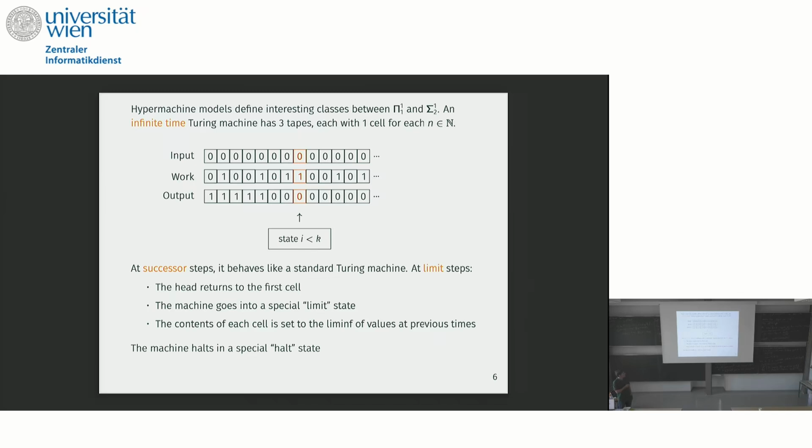Well, in this model, you jump back to the first cell, and there's a special limit state, and then you just continue computing. And the information is not lost because in every cell you take the lim inf of the previous values. And then one can show that with this one can actually compute certain levels of L. So it's equivalent to just thinking of L up to a certain level. It's a bit higher than omega 1 CK in this case.